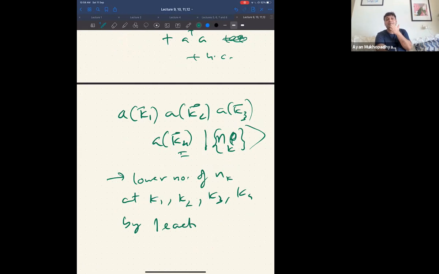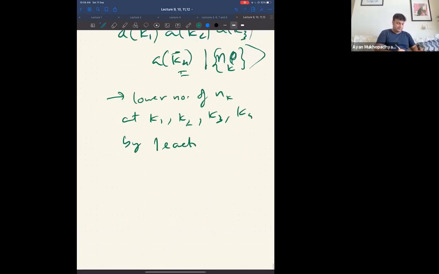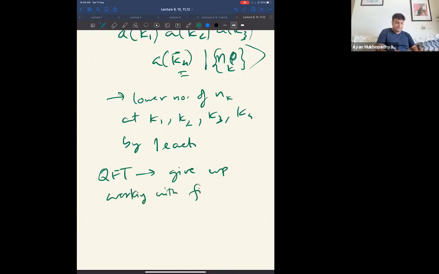I need to pay a price, and the price is I cannot look into a Hilbert space with a fixed number of particles, because operators are going to lower the number of particles and are not going to conserve it. So this is the most fundamental thing: in QFT, give up working with a fixed number of particles.